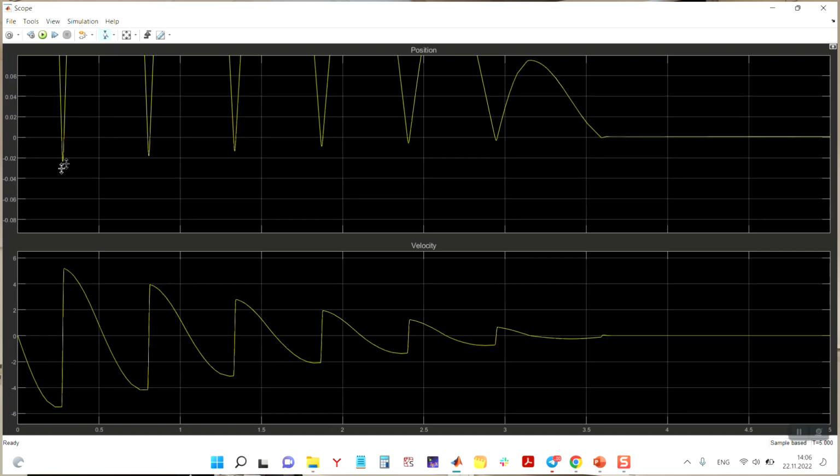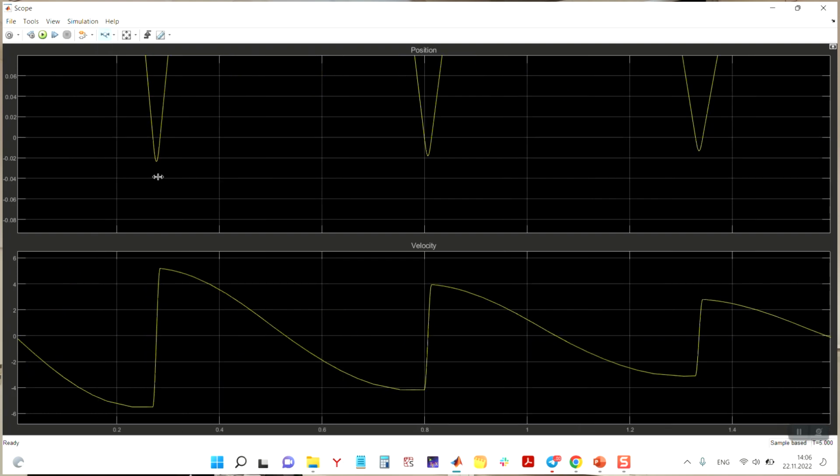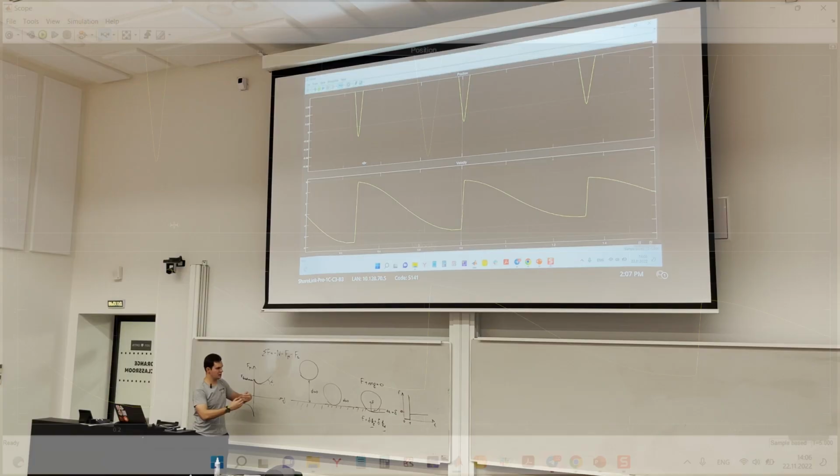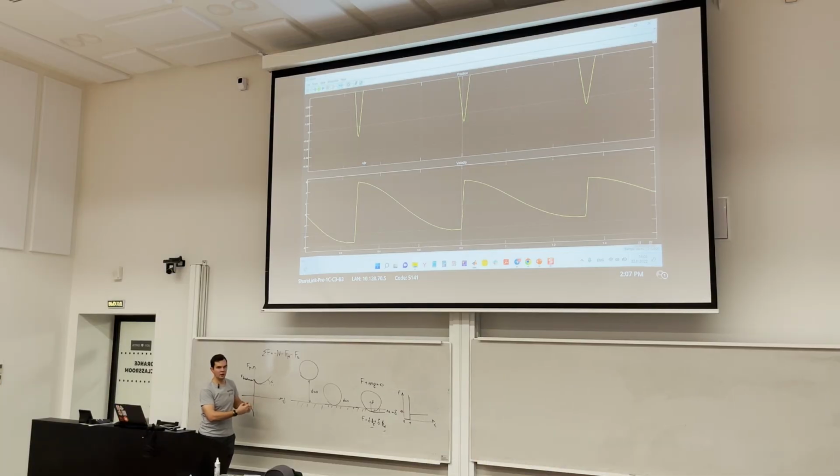And here you have to see that yellow line, we have negative values below 0. Can you see it? And each time when it hits the wall, it's lesser. Why is it lesser? Because of the damping component, because it loses energy and the force of interaction is less. All right?